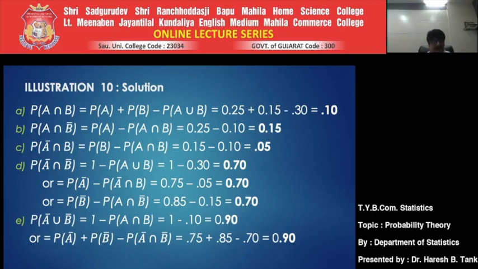Again, that is possible using the same case studies. 0.75 minus 0.05, which is 0.70. Or similarly, this can be approached as probability of B complement minus probability of A intersection of B complement, which is 0.85 minus 0.15, which comes to 0.70.